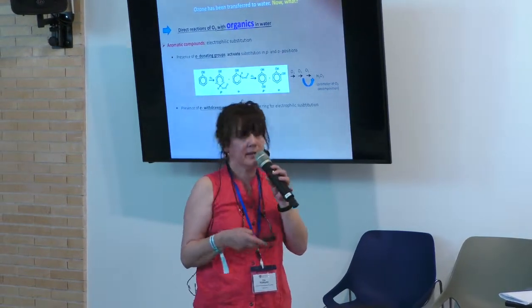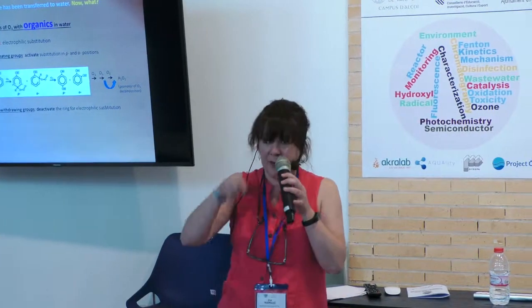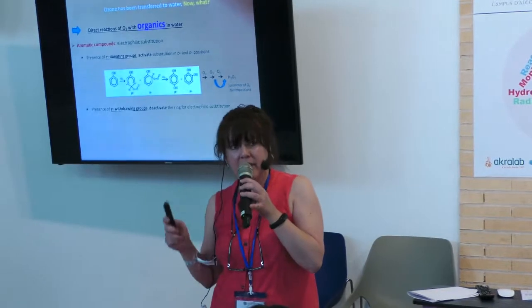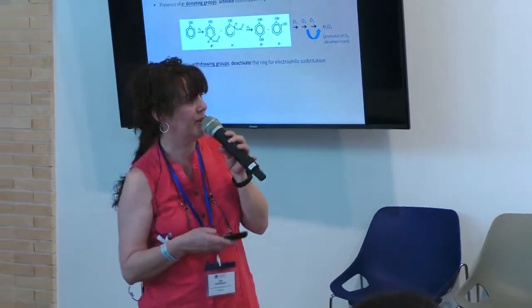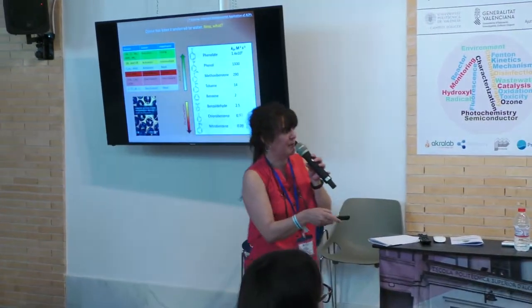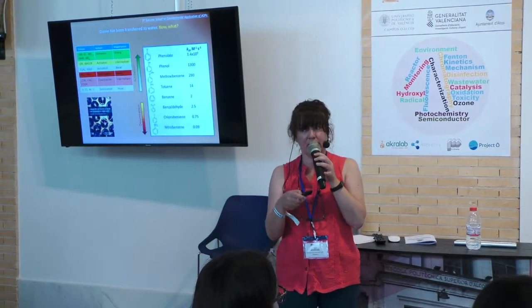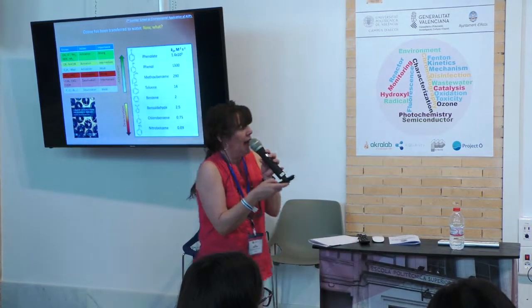In the case of aromatic compounds, if the aromatic ring has electron-donating groups, they activate the ring at the ortho and para positions, but if they are electron-withdrawing groups, they deactivate the reactivity of the ring. To see this aspect, see for example, for benzene, the rate constant of its direct reaction with ozone is low, 2 per molar per second.